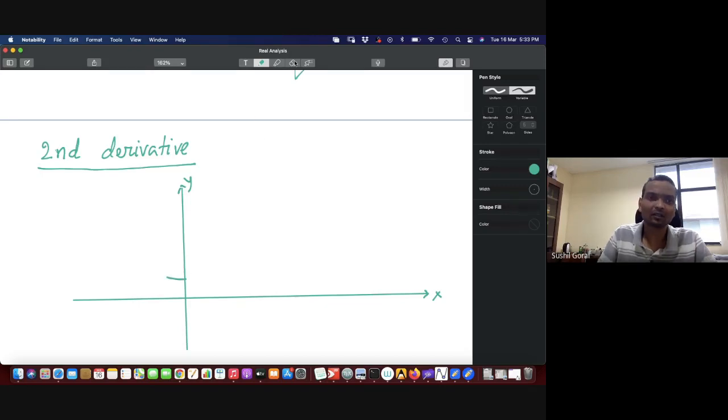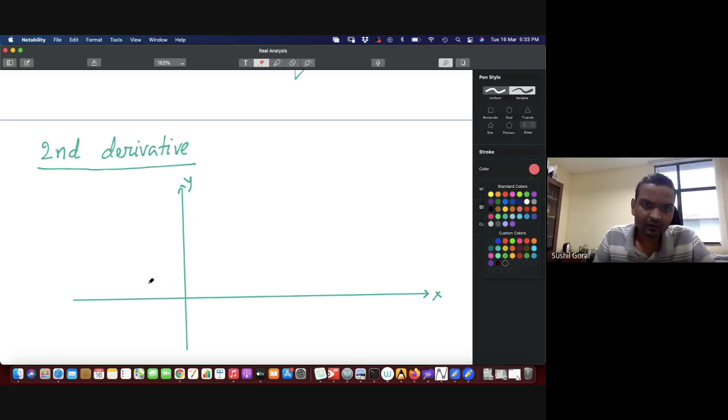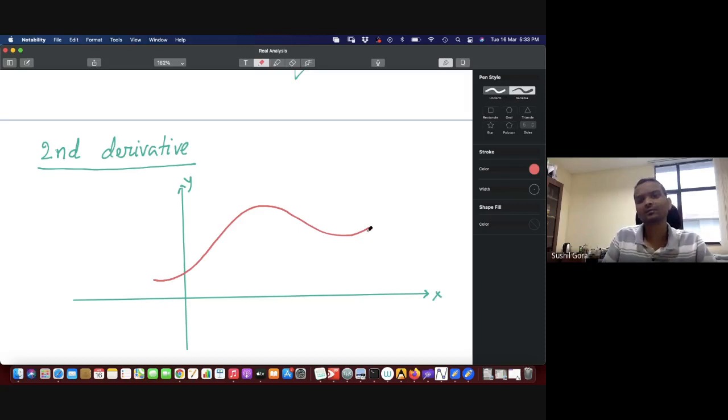I'll take a different color for the curve. Consider this, right?